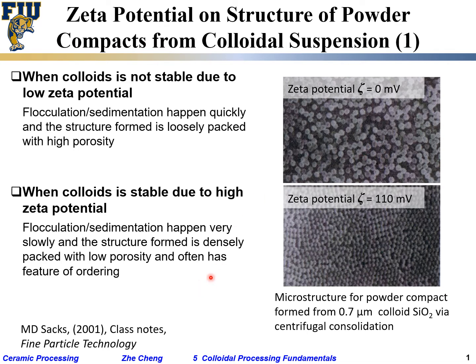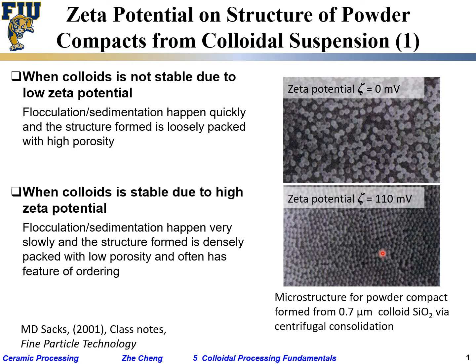So this is the zeta potential effect on how fast the colloidal particles would so-called sediment or flocculate, and as a result, the structure, how much porosity, what's the pore size in the compact that you obtained.